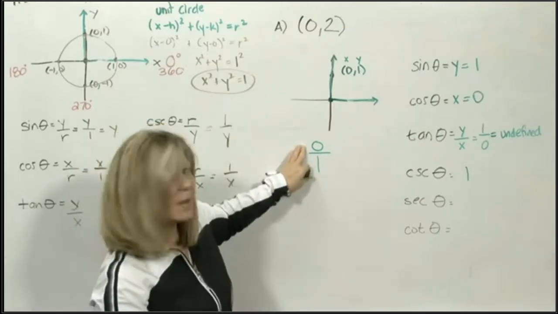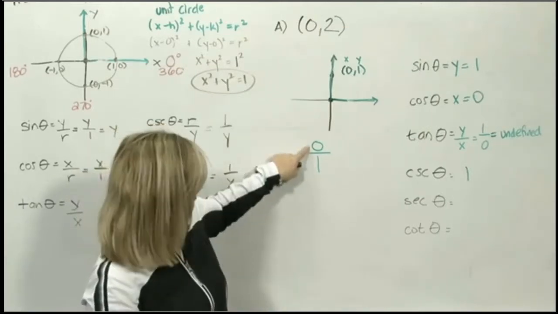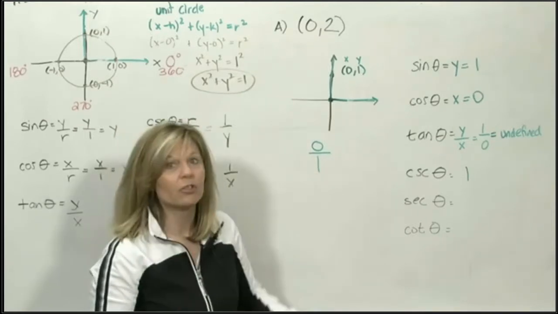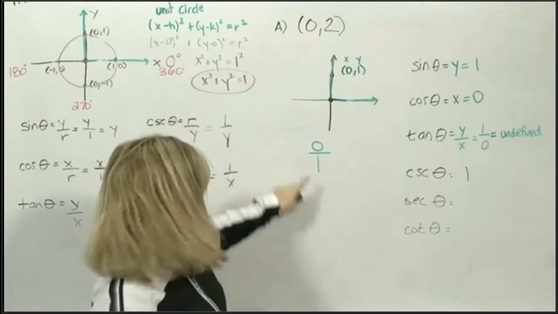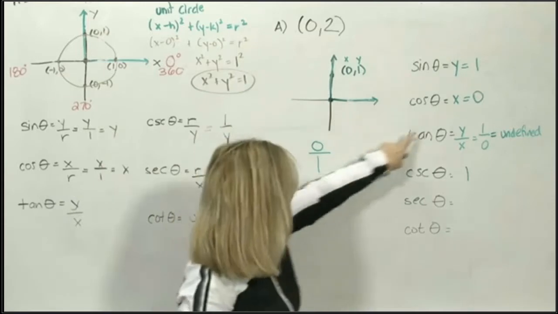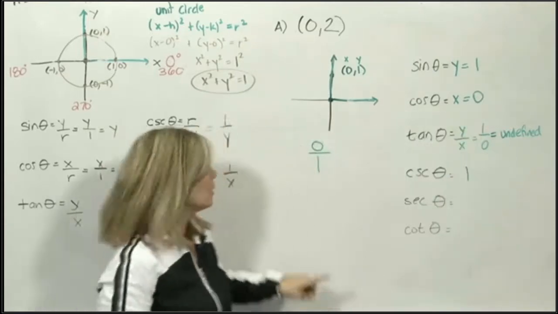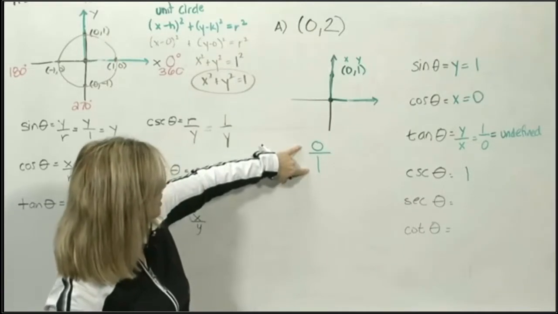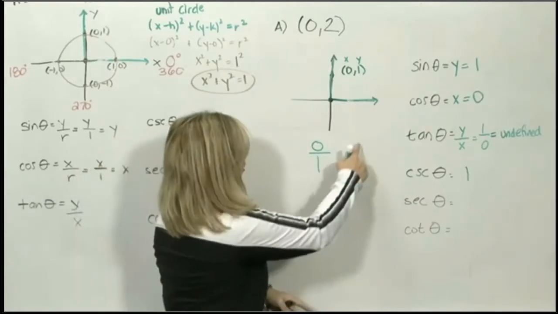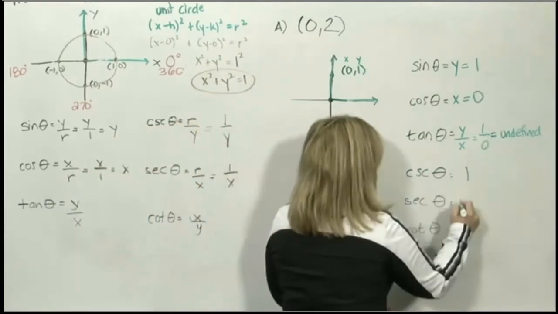Now, sweethearts, this makes sense. If I have nothing and I divide it among one person, they're going to get nothing. 0 divided by 1 is 0. Secant is the reciprocal of 0. So if you flip this, it would become 1 over 0, which again is undefined.